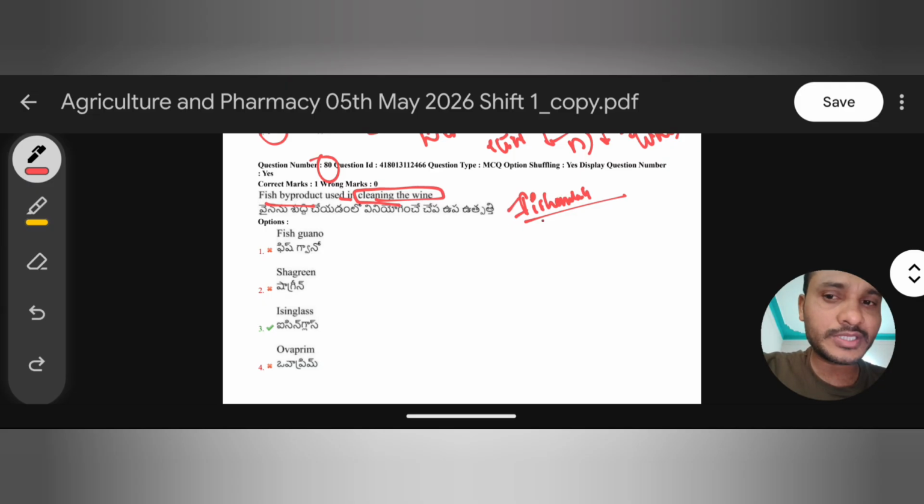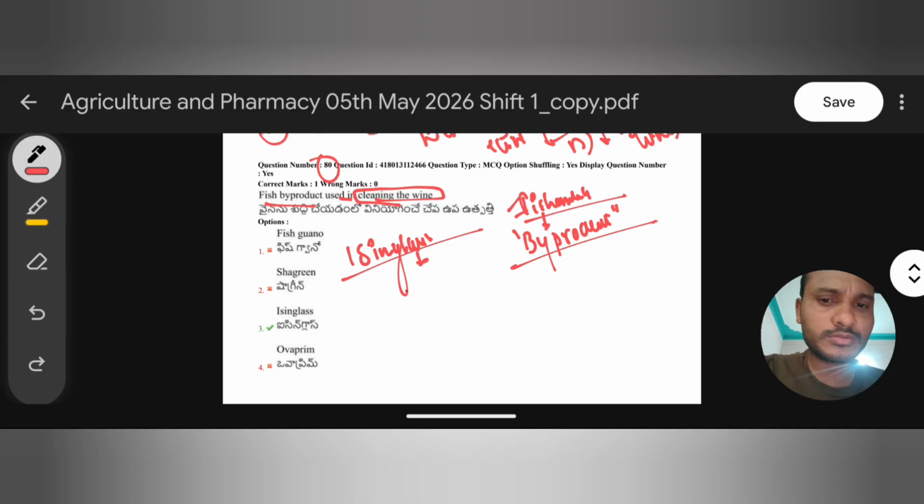In fisheries, fishes produce various byproducts, and these byproducts are useful for various purposes. The most important fish byproduct here is isinglass. This isinglass byproduct is used as a clarifying agent, which helps to clean wine and beer.